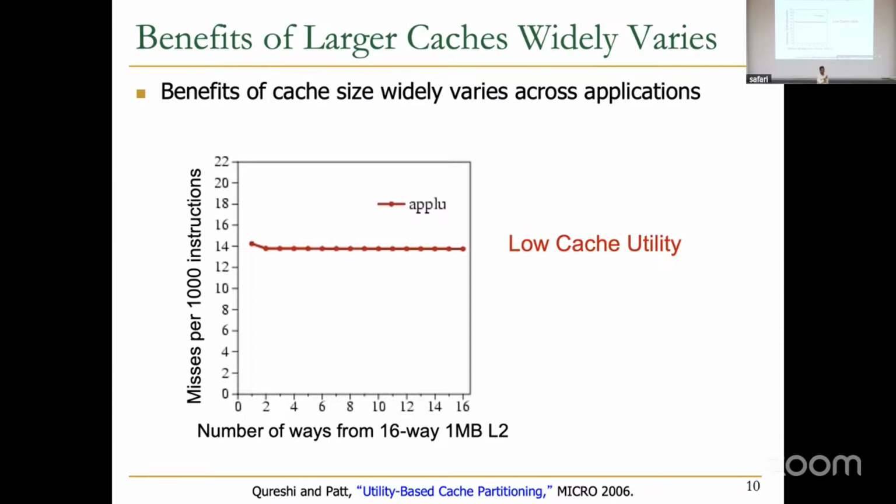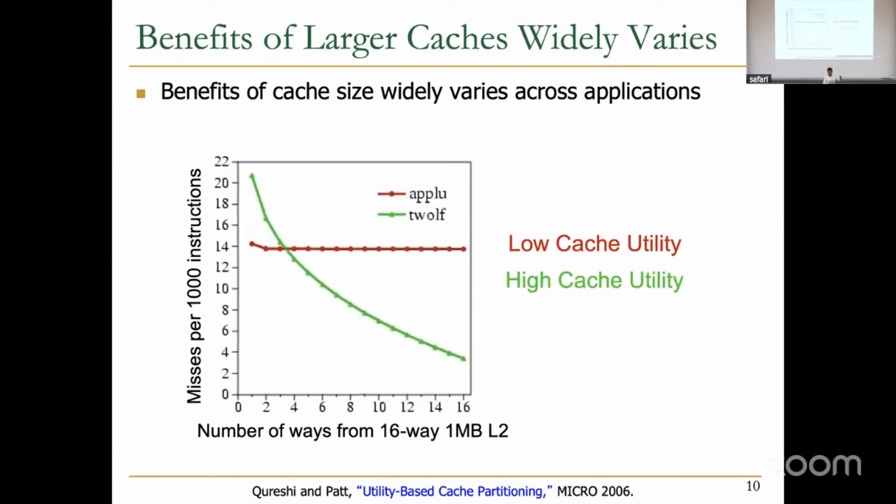The misses still exist, but they're not changing. So what does it mean? It means that either your workload access pattern is such that the caches are not getting beneficial even though you made the cache really big, or your workload's working set size is so big that even a 16 times larger cache is not going to contain it. That's why you're not seeing any drop in the misses per kilo instruction.